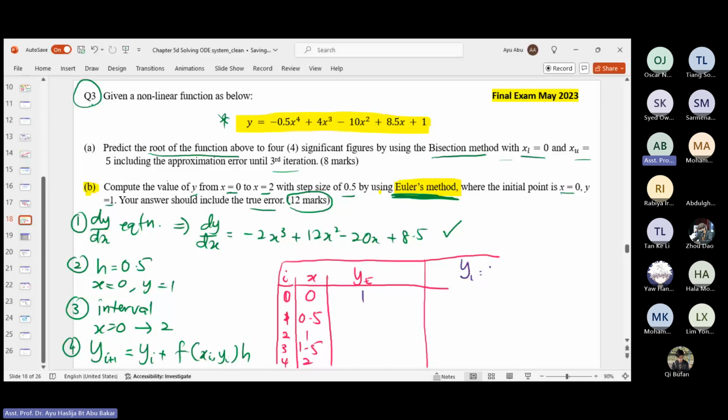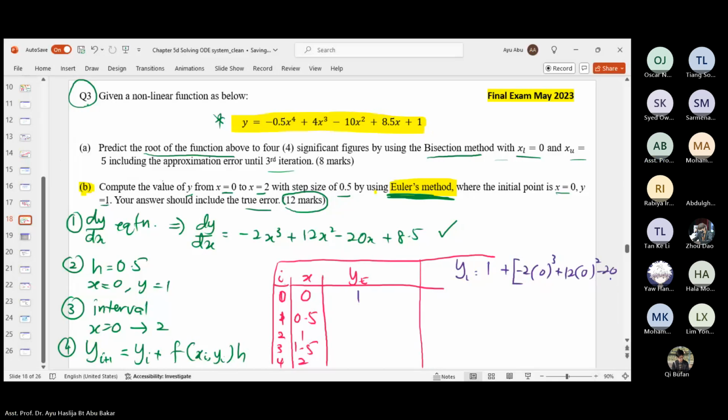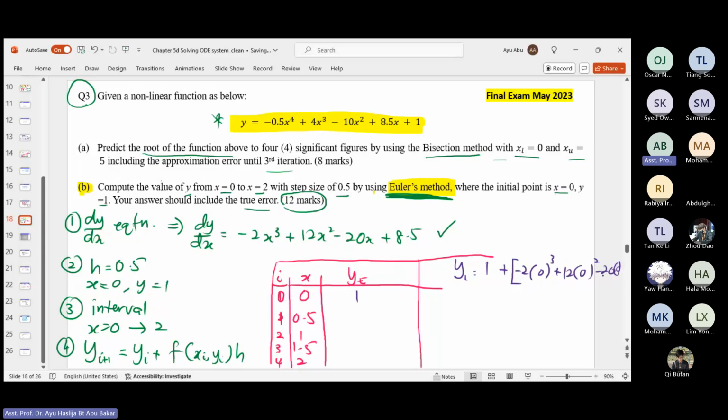This one is 1 plus, here you use the dy/dx equation: negative 2 x0 cubed, all 0, easy to calculate, then 20 times 0, plus 8.5. Then multiply with the h, which is 0.5.